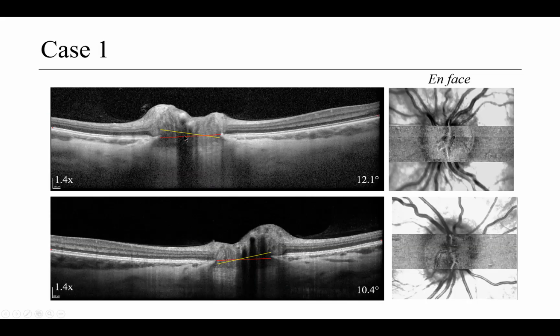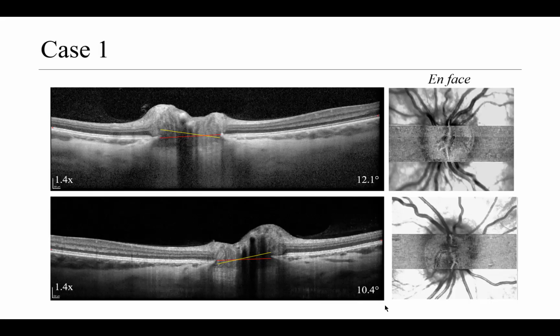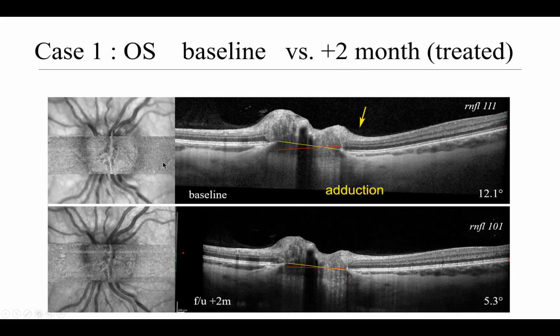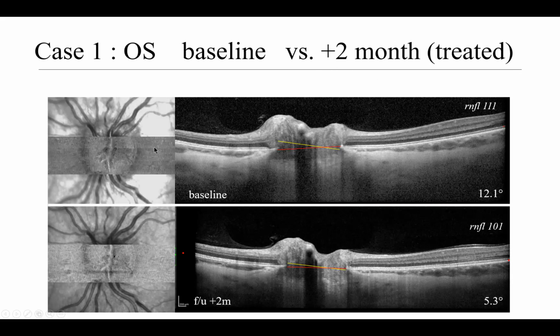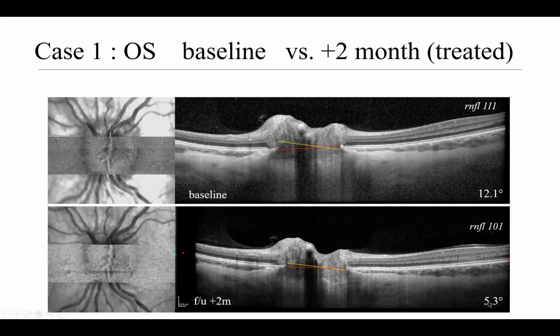Moreover, the seesaw tilt angle was about 12 degrees in one eye, 10 degrees in the other, a bit more than the 2 or 3 degrees you see in normal subjects. Opening pressure was 32, by the way. We treated the patient, and 2 months later, here's the baseline OCT, the folds in adduction shown here, 12 degrees. After 2 months, the folds disappear and the tilt angle decreases.